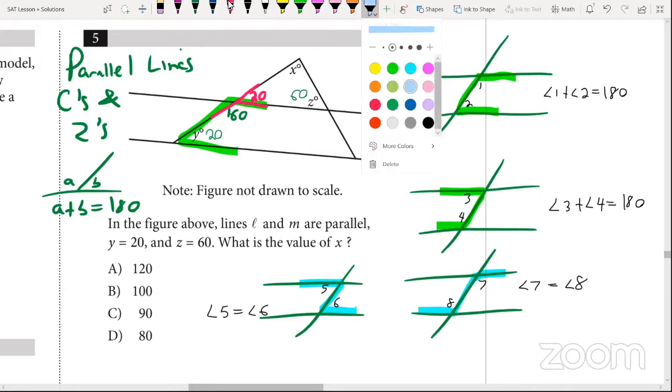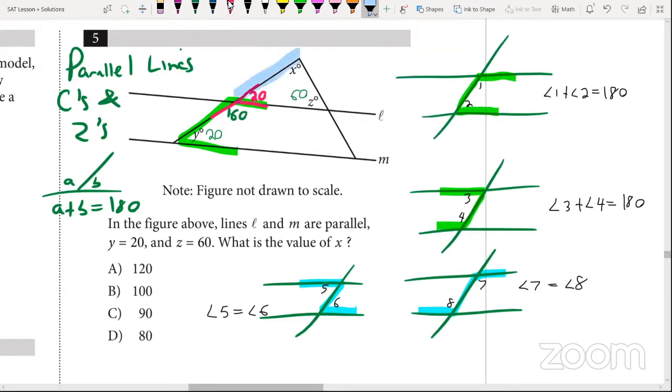Now we've got the triangle on the top of this, and we have two angles of that triangle. The angles of a triangle have to add up to 180. So we already have 20 and 60. We already have 80. So for x, we need the extra 100 that makes the triangle add up to 180. So what's the value of x? It's going to be 100.